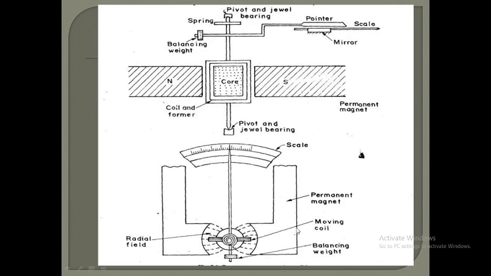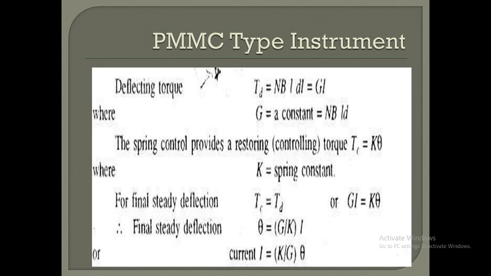These PMMC type instruments are used only for DC supply, since they have a unidirectional torque. Now the deflecting torque equation is TD equal to NBLI by D, which, as the other things are constant, can be written with the constant as G, the galvanometer constant.